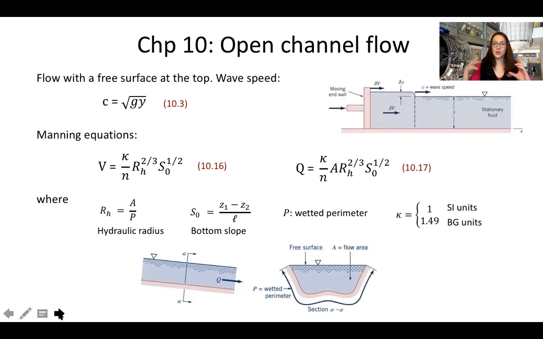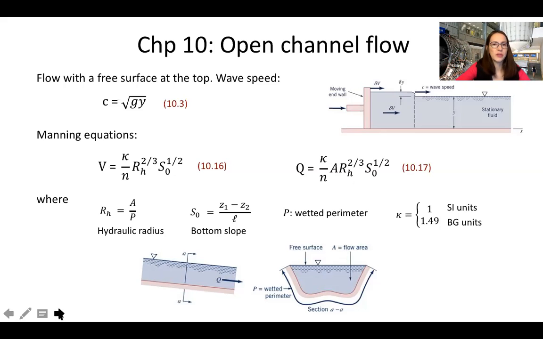So the last 2 chapters that we're looking at this class have this really neat analogy. So first, chapter 10, we look at open channel flow. And so now we have basically pipe flow, right? We have flow in one direction, but instead of the flow being enclosed and the channel being completely full, we now have maybe a channel that's not completely full and the top is open to the atmosphere, or we just have a channel without a top, right?